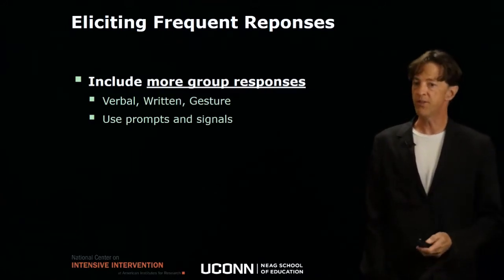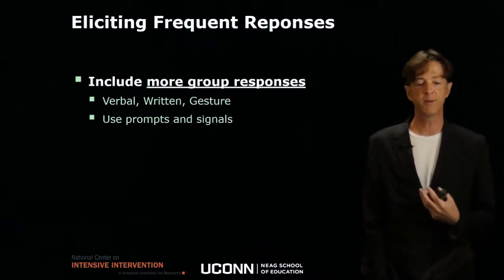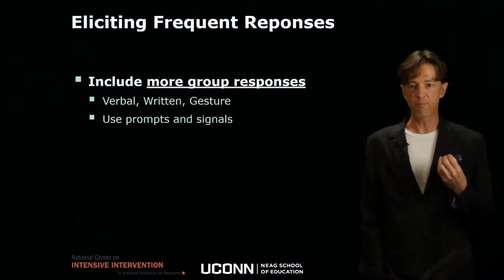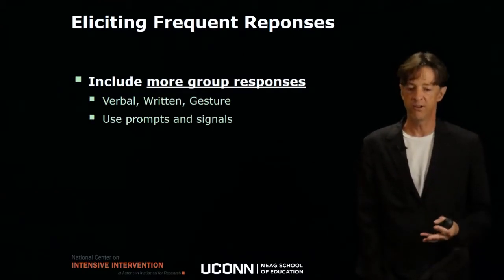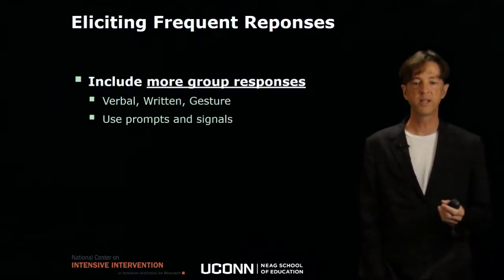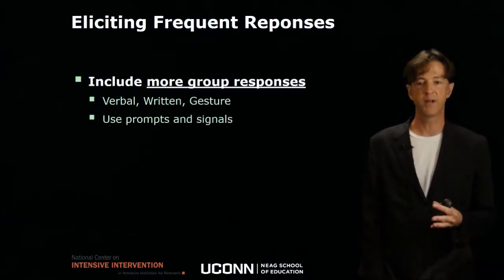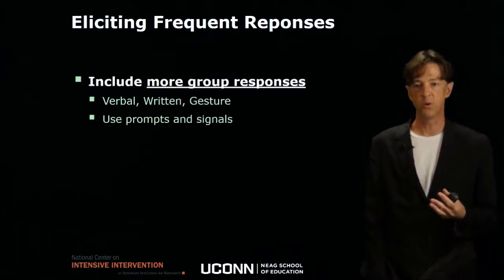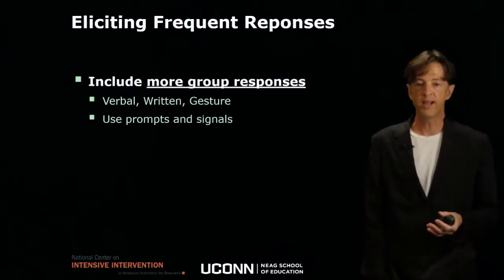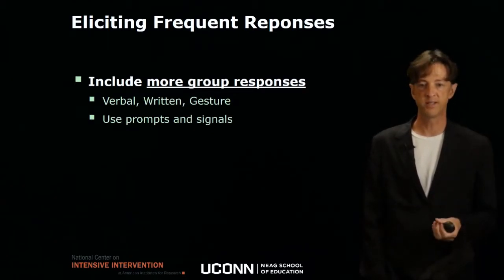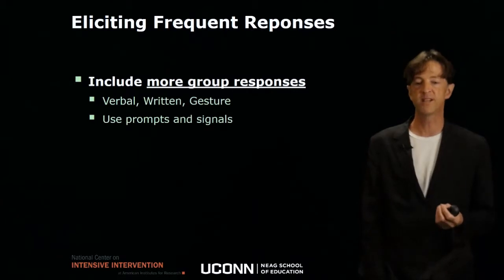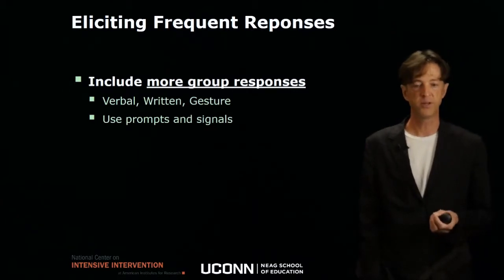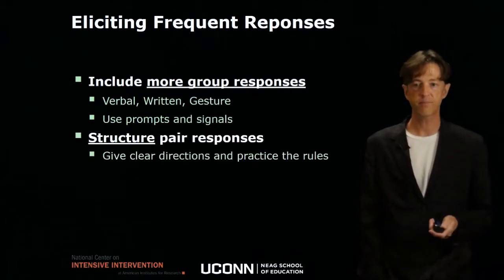When we think back to the part where we talked about practice opportunities, we want to be able to give prompts and signals to keep kids together if we're doing group responses. So signaling lets them know when they're all supposed to respond together, and the same thing with prompts, pointing and signaling. So trying to include more group responses is a really good, effective way to increase opportunities to practice and respond.